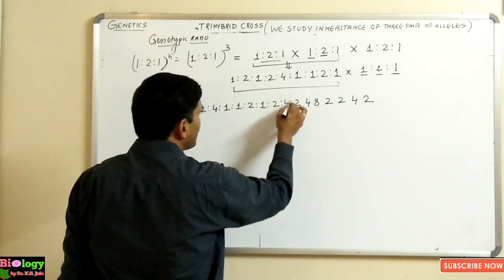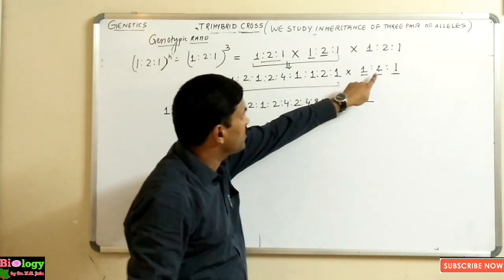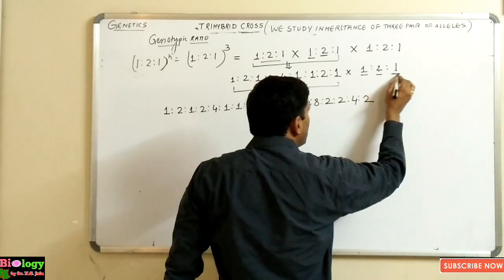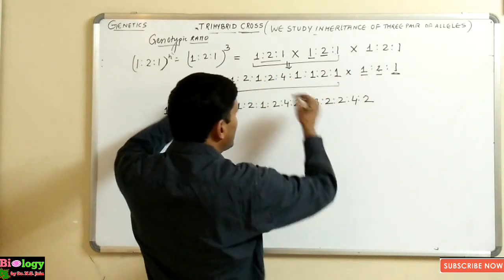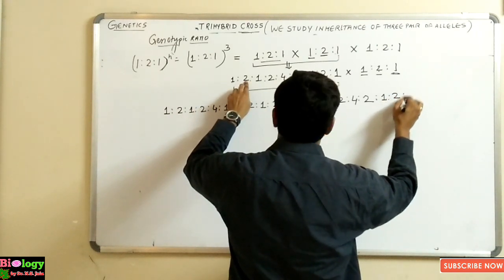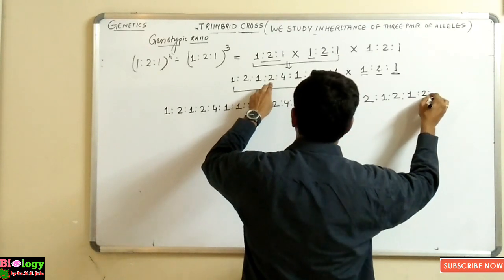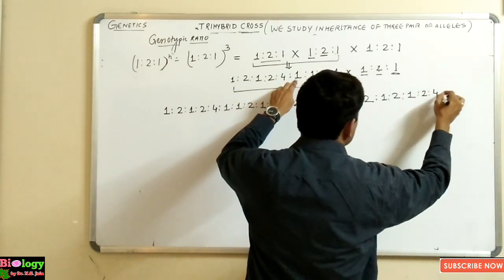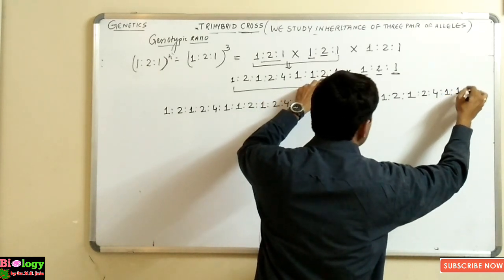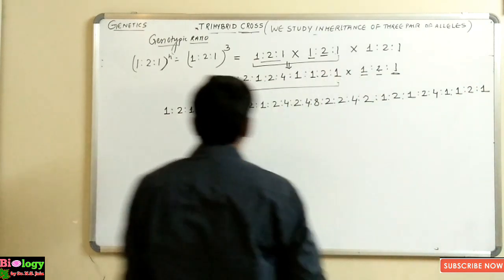See here, got it? Now I have crossed this with this one, okay? Now cross multiply this with this one, so I get the same one, okay? 1:1:1:1:1, okay?